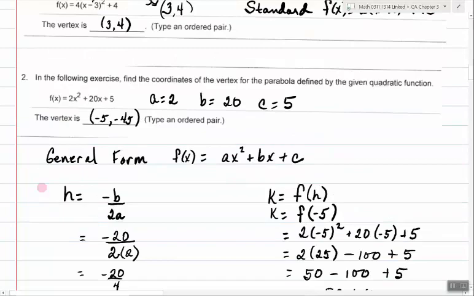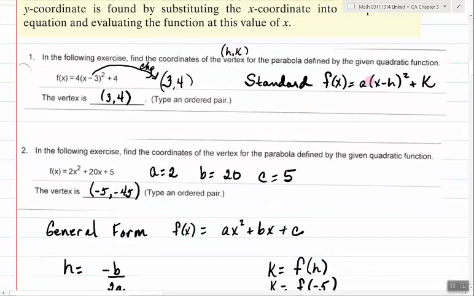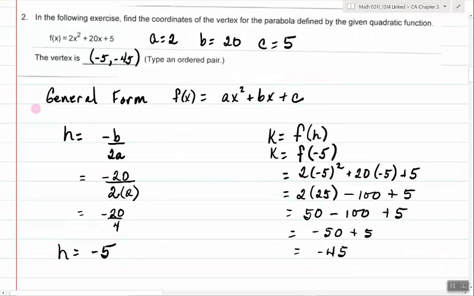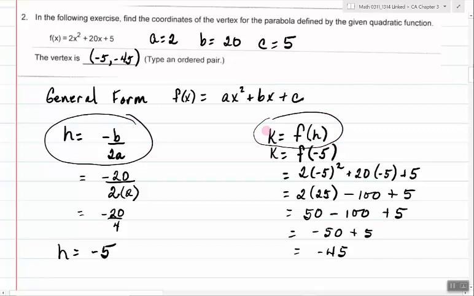All right, so if you are given standard form, it is so easy to find the vertex. Opposite of this quantity, comma, this quantity. But if you are given the quadratic in general form, I recommend that you use this formula and then you plug in to get the second coordinate.